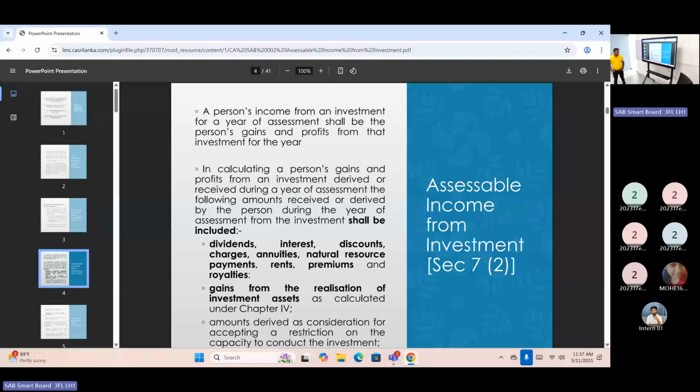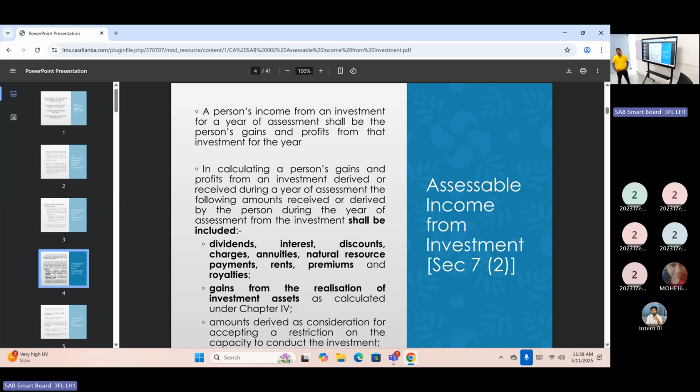In calculating a person's gains and profits from an investment derived or received during a year of assessment, the following amounts received or derived by the person during the year of assessment from the investment shall be included: dividends, interest, discount, charges, annuities, natural resource payment, rents, premium, and royalty. Those need to be considered as investment income.